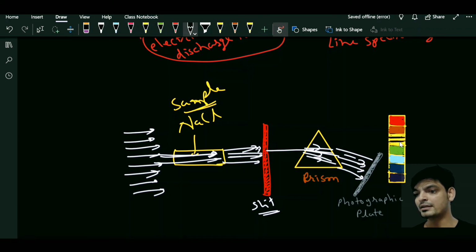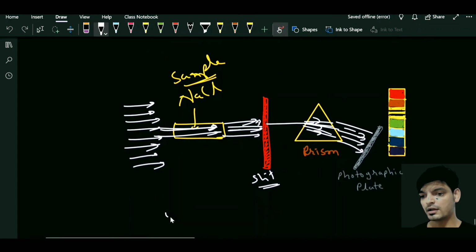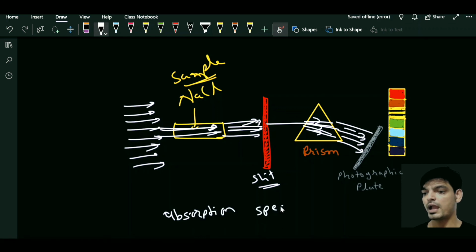This black line is showing that the sample NaCl has absorbed a particular wavelength, and that wavelength we will not see here. So that's why this is called an absorption spectra. Let me write here, absorption spectra of NaCl.